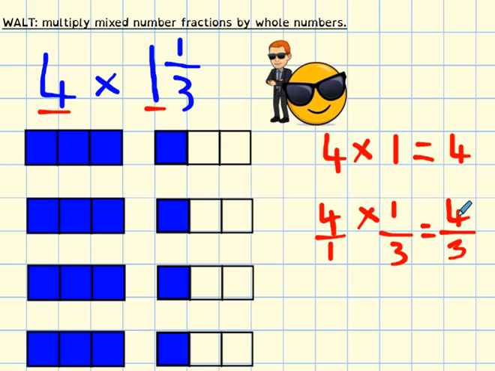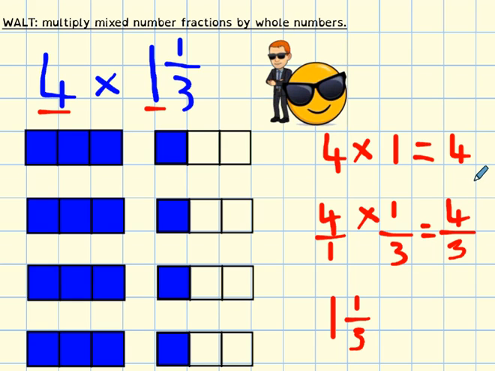So how many full wholes can I make? If I'm making thirds and I've got 4 thirds, in total I can make 1 full group with 1/3 remaining. So those two fractions are equivalent fractions. This is an improper fraction. This is a mixed number fraction.